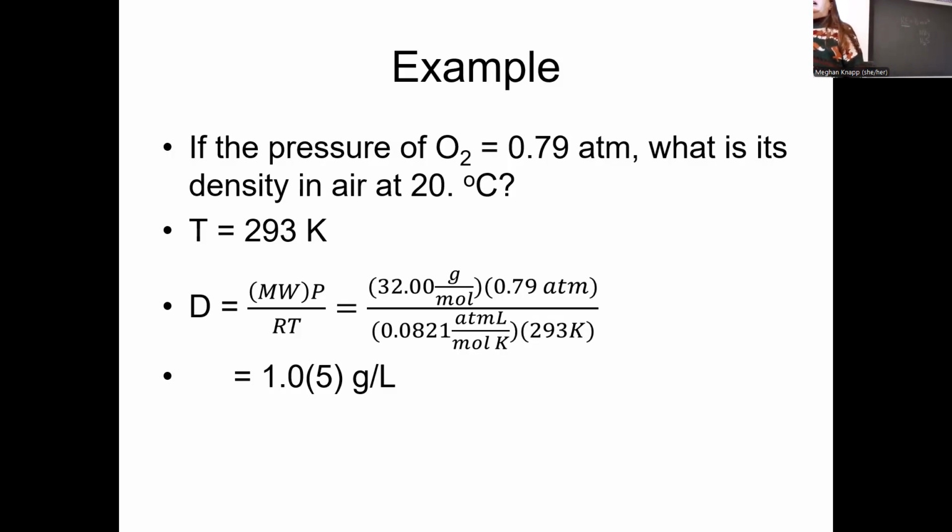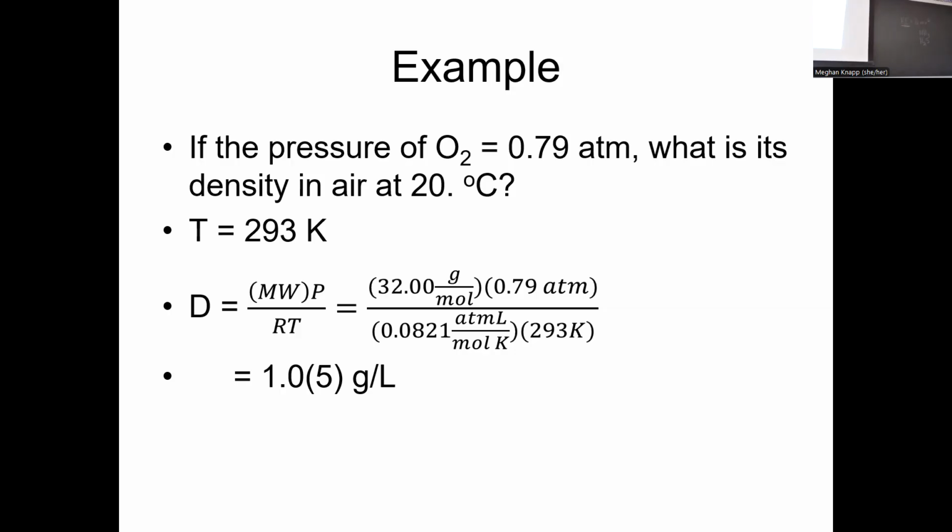Ways that you can avoid this: some people like to figure out what's the number on top, what's the number on the bottom, and then divide. That way you know you're dividing by everything on the bottom. Or you can do divided by and then put in parentheses 0.08 times 293. But remember, your calculator thinks in a line. It doesn't actually think about going through things as a fraction.